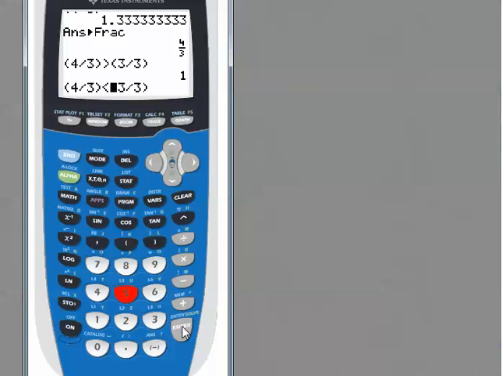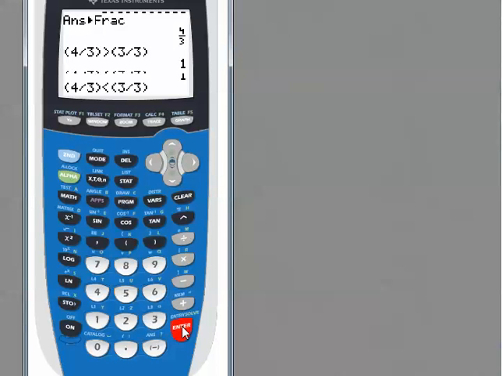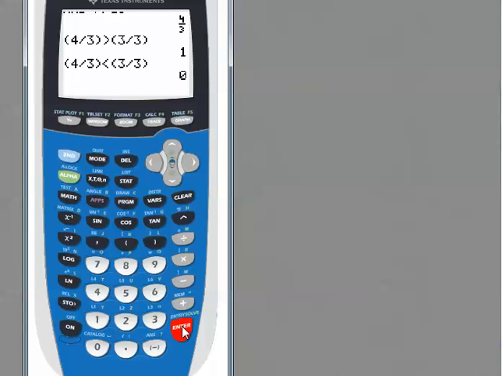Okay, so now I'm asking is 4/3 less than 3/3? And when I press enter, it comes back with a 0. And that 0 tells me that it's false. No, it is not less than 3/3, in other words.